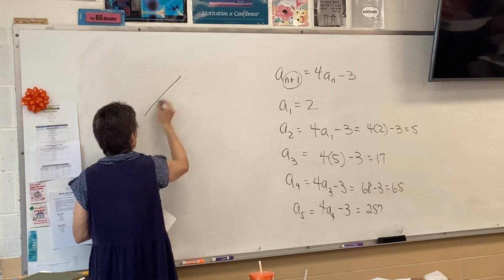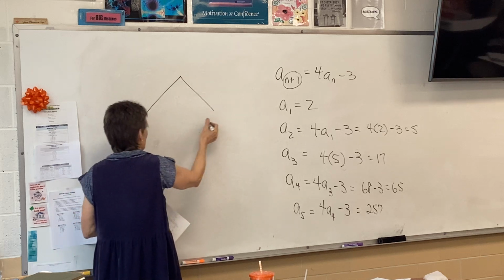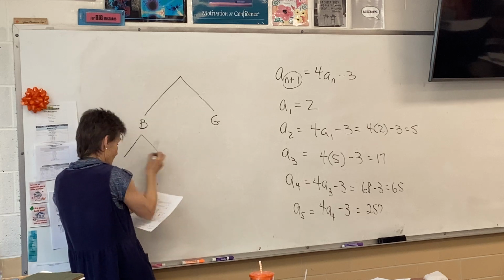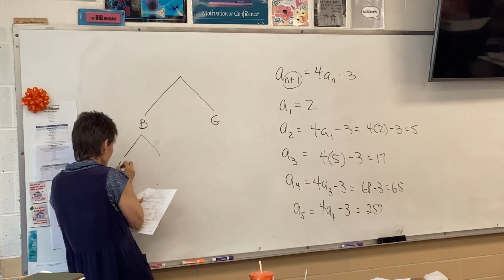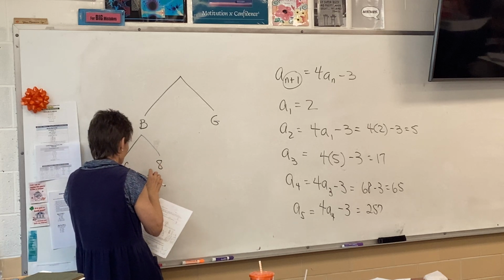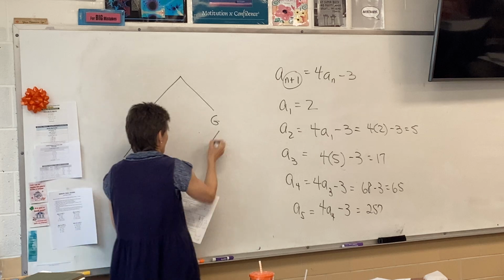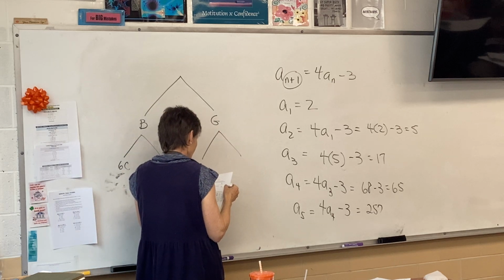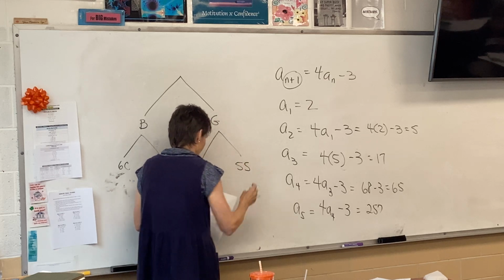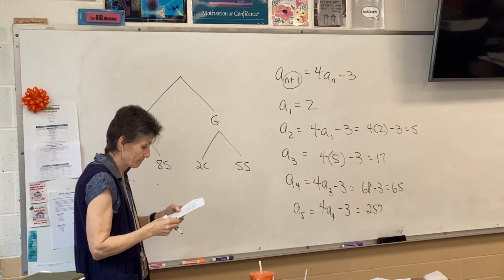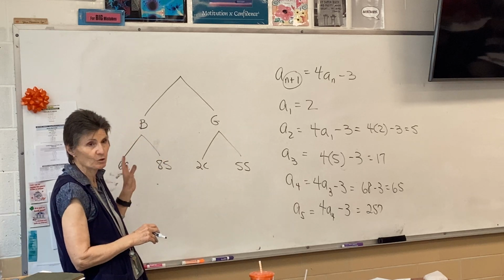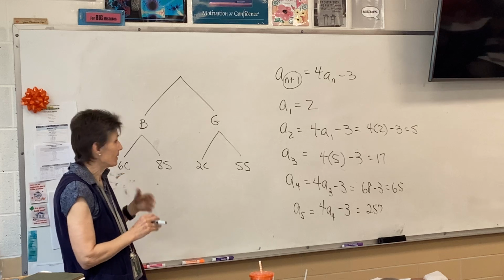The blue one contains 6 chocolate chip and 8 sugar. And the green one contains 2 chocolate chip and 5 sugar. Are you okay with my picture of the situation? Yeah. Okay.